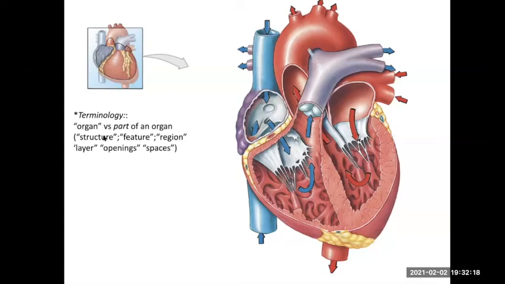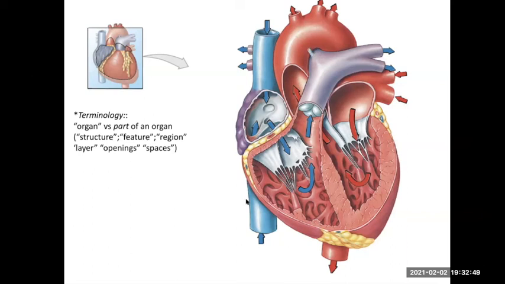This might be a structure, like this interventricular septum, or this trabeculae carneae over here, or this papillary muscle, right? It might be a feature like an AV valve. It might be a region like the apex. It might be a space, like your left and right ventricular spaces, or your atriums. It might be an opening like this valve right here again, right?